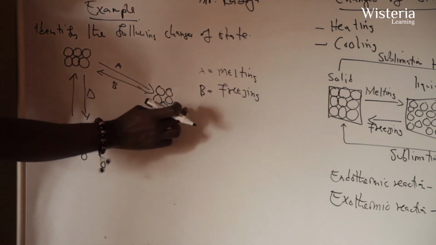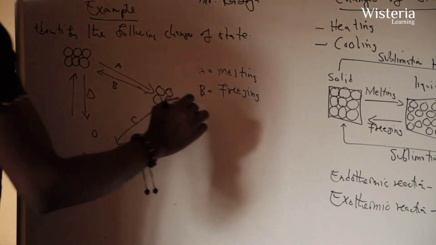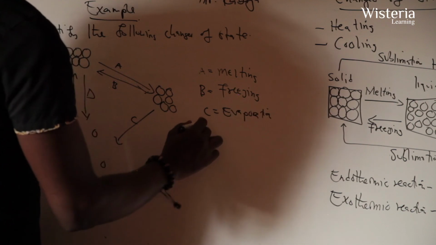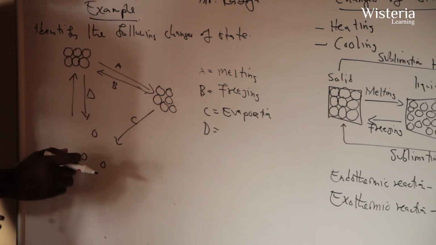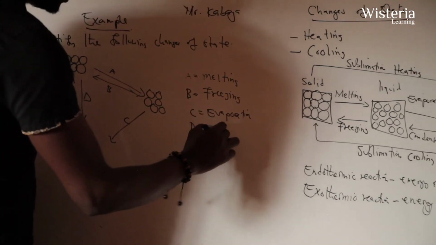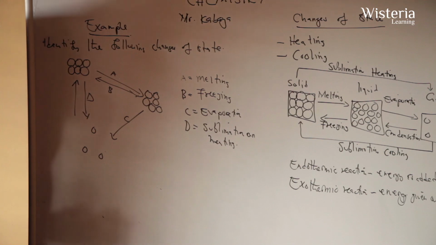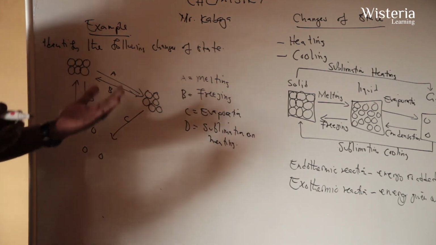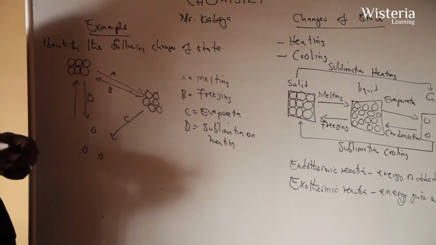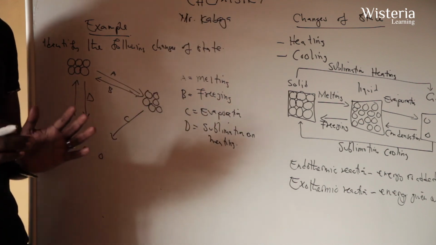C, we have a liquid that is changing to a gas, and this change of state we call evaporation. Then D, we have a solid that is changing to a gas, and this is called sublimation. Okay, so we'll be able to identify the changes of state and also give examples of an endothermic process and exothermic process if you know heating and cooling, whether energy is being given out or taken in.